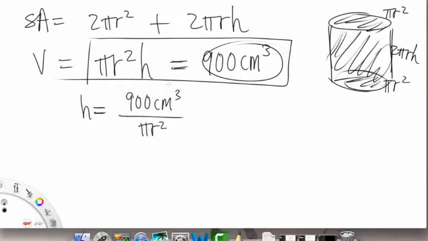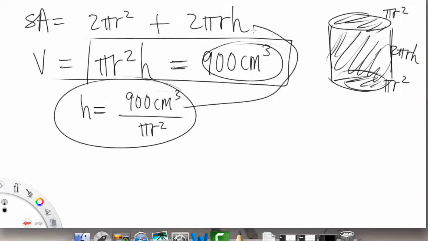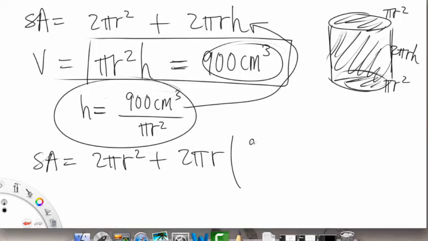All right, so now what I'm going to do is take that and plug it into this equation here. So now surface area is going to be given by 2 pi r squared plus 2 pi r, and instead of h, we're going to plug in that 900 centimeters cubed over pi r squared. So the pi's are going to cancel out, and one of the r's is going to cancel out.